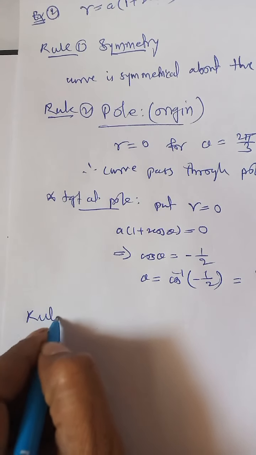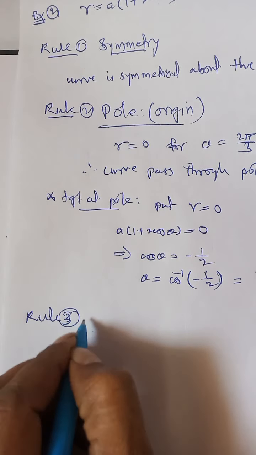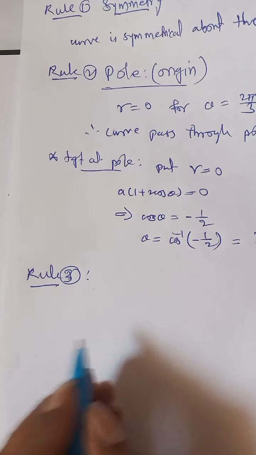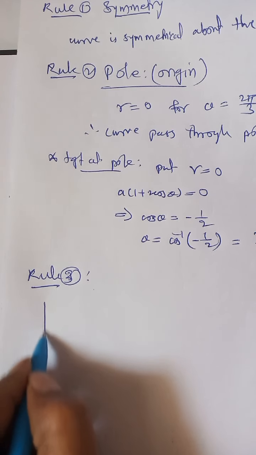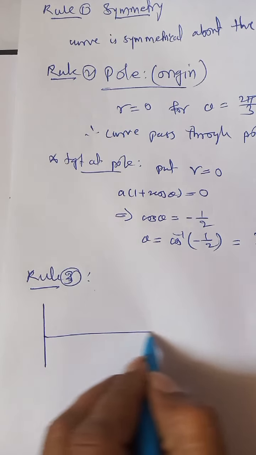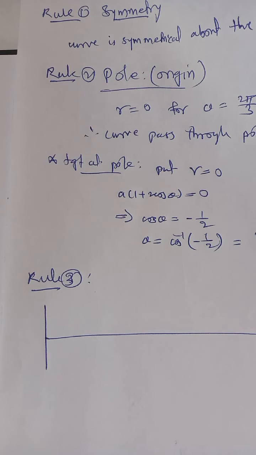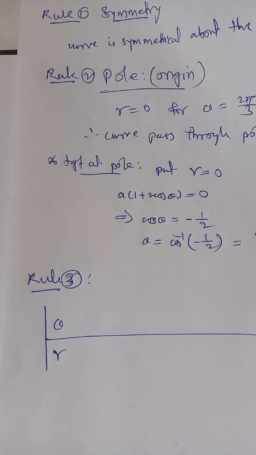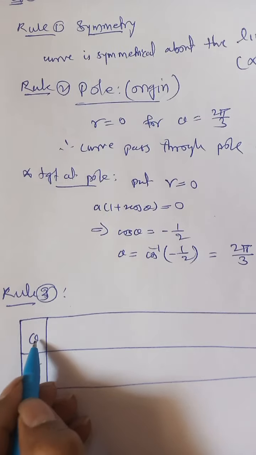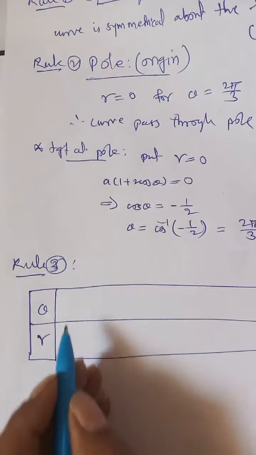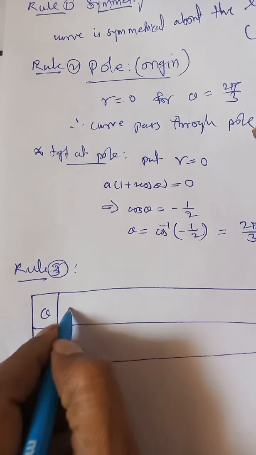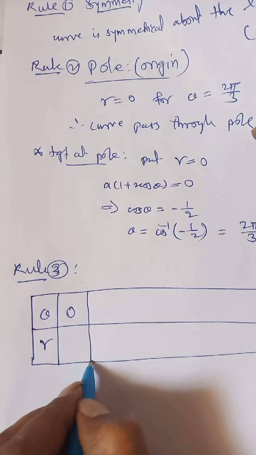So rule 3: here we'll prepare a table of values of r for different values of theta. As I said, you can select these values of theta randomly. Okay. So here we'll select theta equals 0.